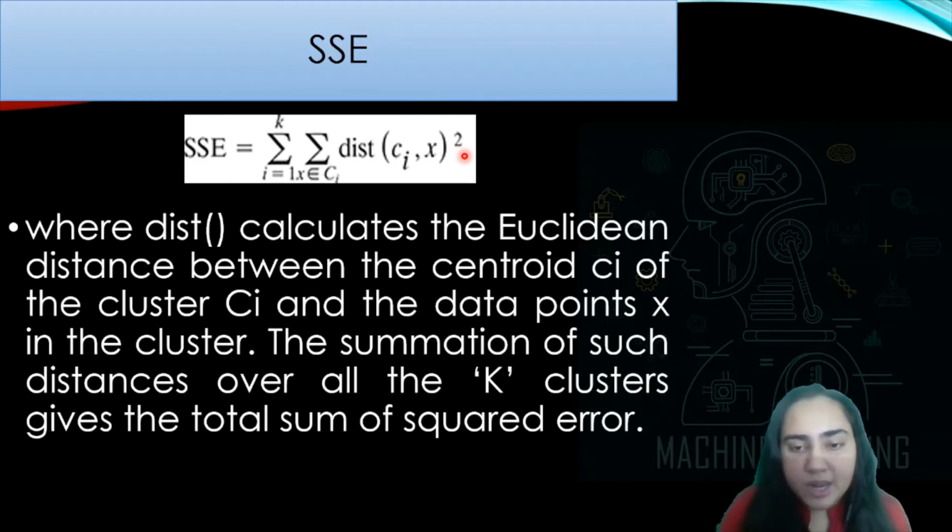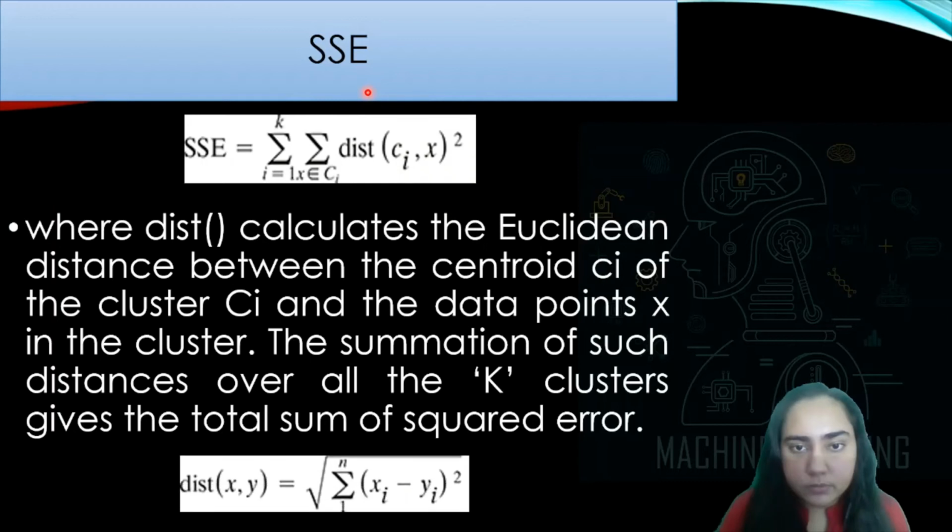That will be your SSE. And the idea is to have a cluster where SSE is minimized. And if you were wondering how to calculate Euclidean distance, this is how you can do it. Euclidean distance is this, sigma xi minus yi whole square for a data point xy.